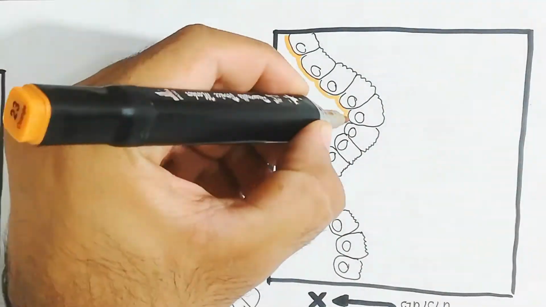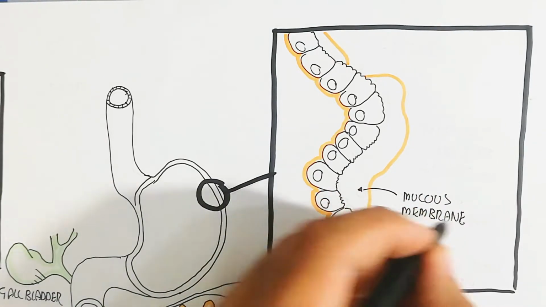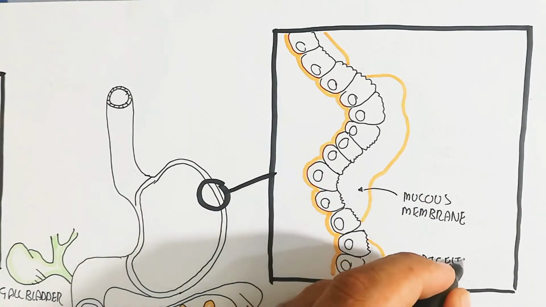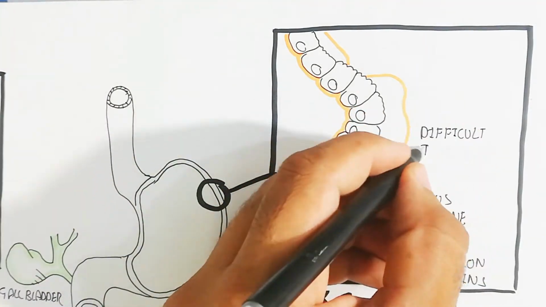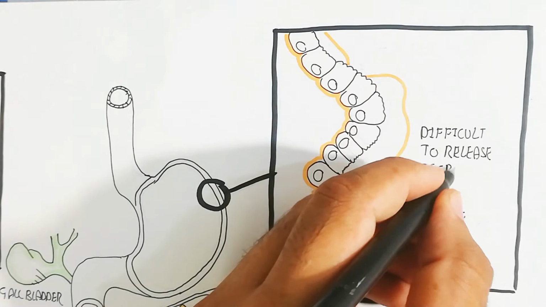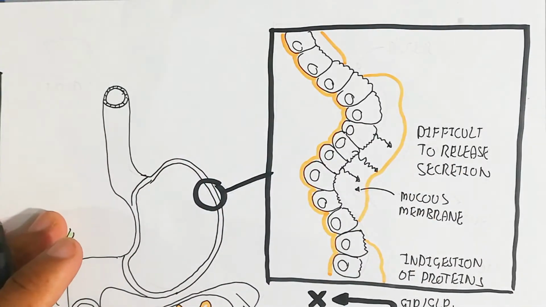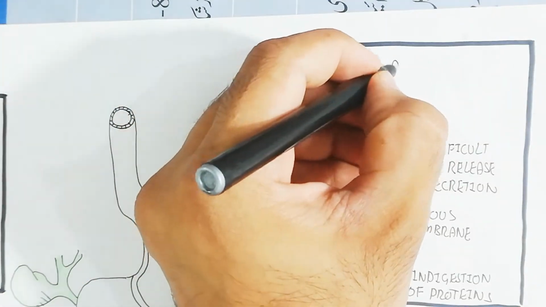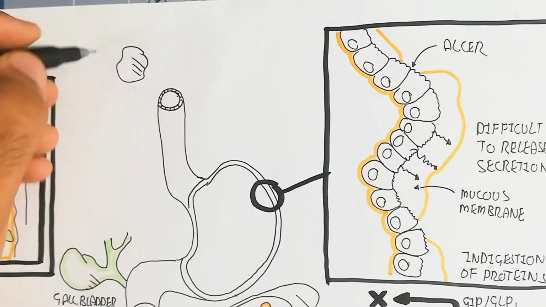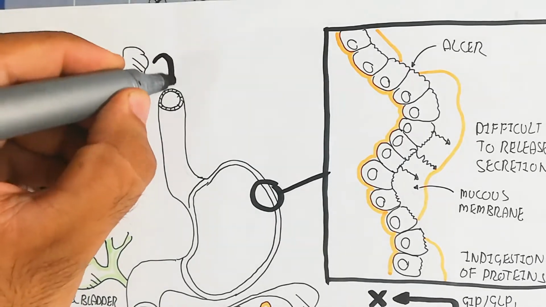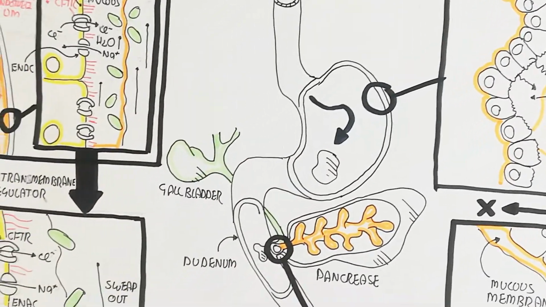Here you can see the wall of the stomach, where hardening of the mucous membrane leads to hole creation, and this hole creation is due to Helicobacter pylori. A defect here also causes ulcer and difficulty releasing secretions, and indigestion of protein is possible.